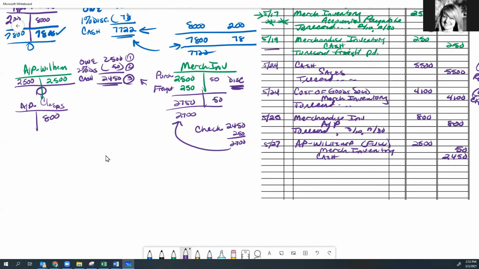We have to make our net sales decrease because the merchandise was returned and we're refunding it. And then we also need to show that our expense went down. So we know we credit expense by, or we reduce expense by crediting it. So the merchandise that, the sales that were returned to us, what is the date on this? 5/29.